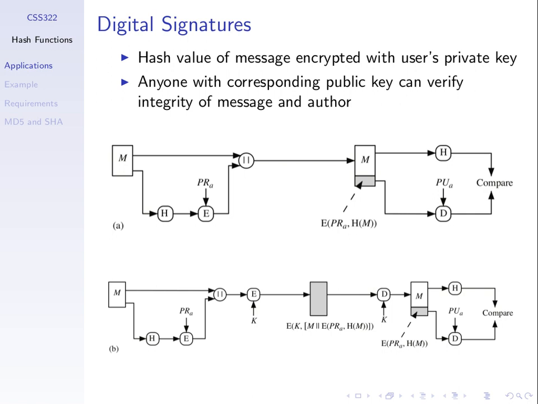The result is that the receiver B knows the message, and they can confirm that it came from user A because they decrypt the encrypted hash value with the public key of A, get the hash value, and compare it to the hash value of the received message. If they match, everything's okay.